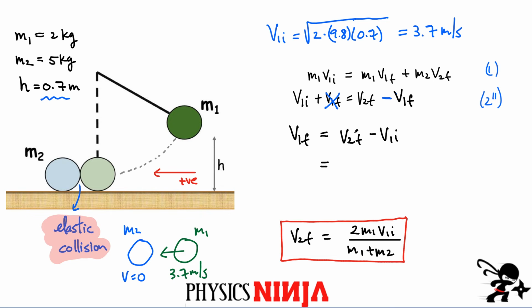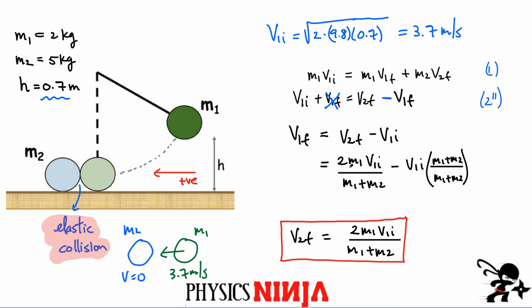All right, substitute our expression here for v2 final. This is what we have, divided by m1 plus m2 and minus v1 initial. What you can do is put things on a common denominator, so multiply the second term by 1, m1 plus m2 over m1 plus m2.